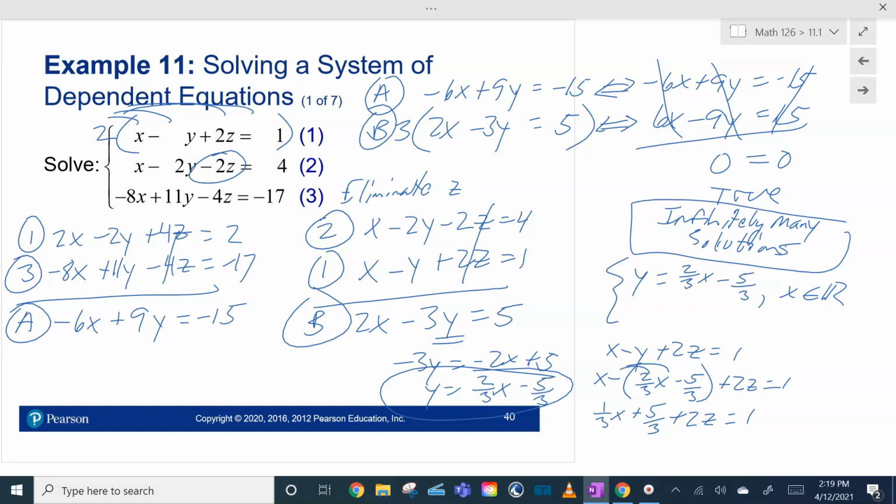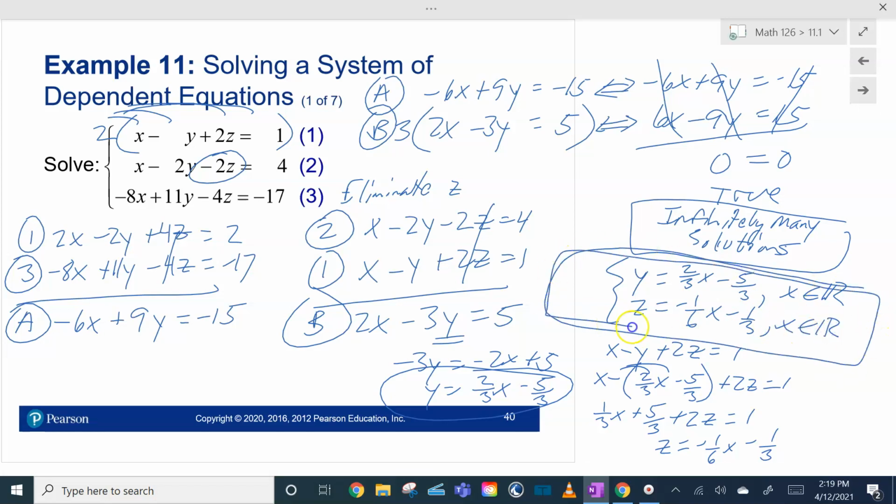What I'm doing is solving for z in terms of x here. And then I subtract 1/3 x on both sides, and divide everything by 2. This ends up being negative 1/6 x minus 1/3. And that's your other one right here. z would be expressed as negative 1/6 x minus 1/3, whatever x may be.